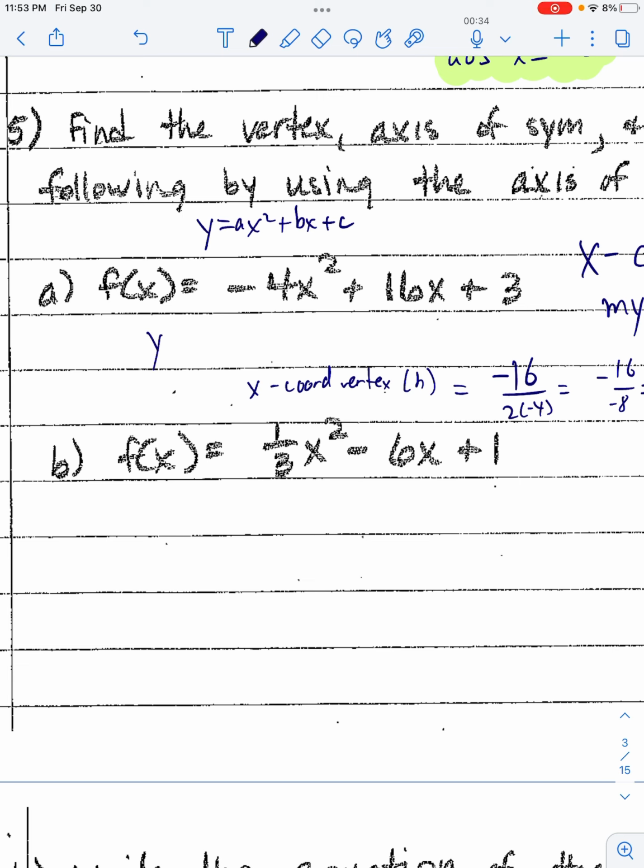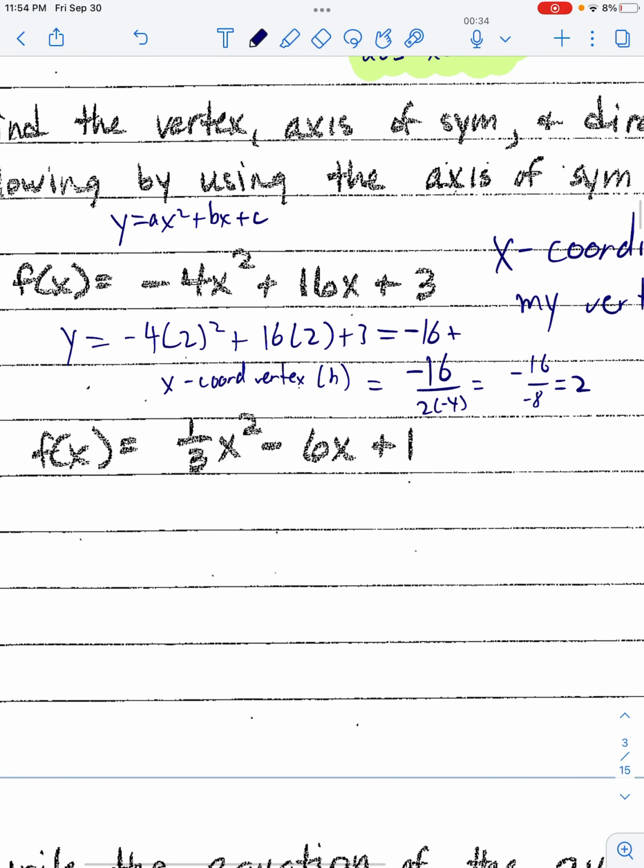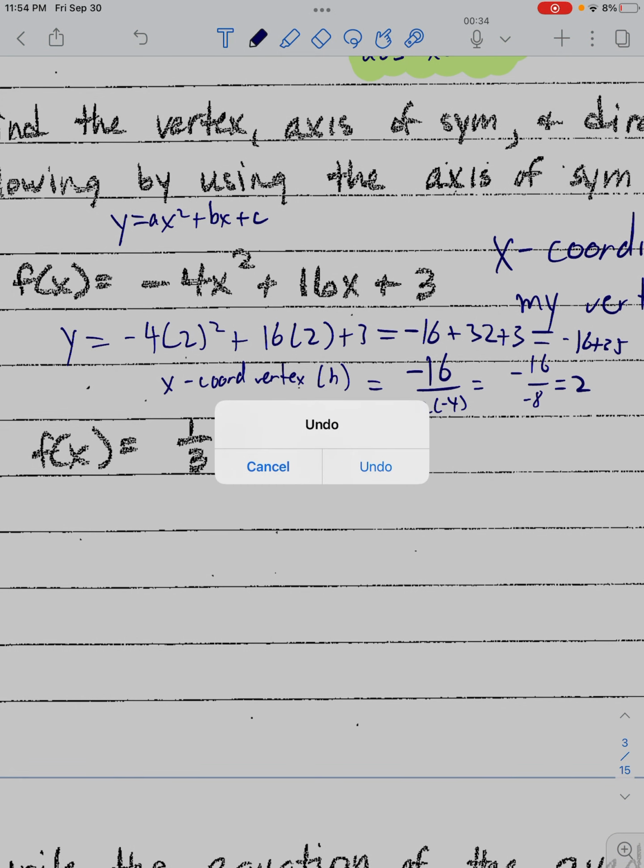So I get y equals negative 4 times 2 squared plus 16 times 2 plus 3, which equals negative 16 plus 32 plus 3, which equals negative 16 plus 35. What's negative 16 plus 35?